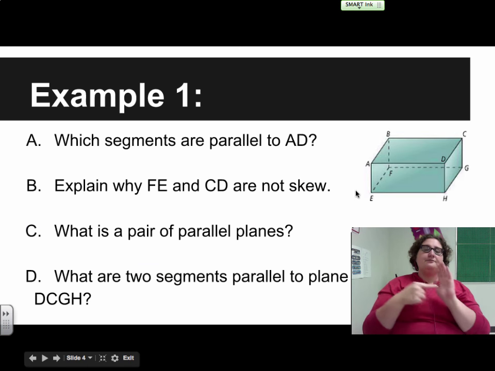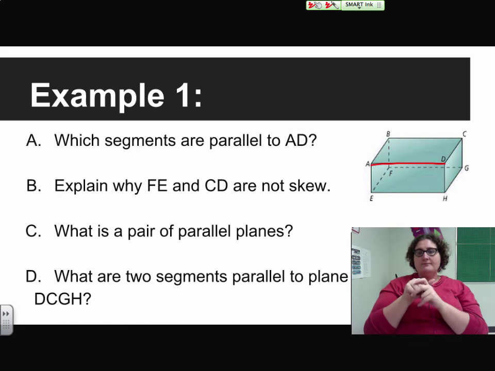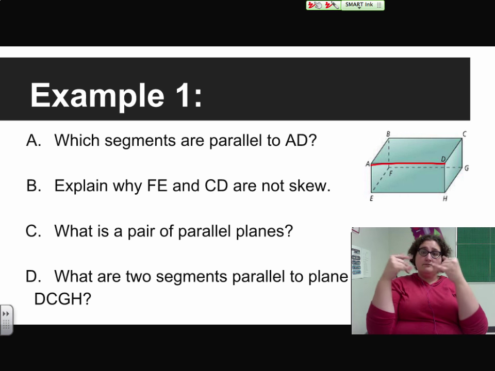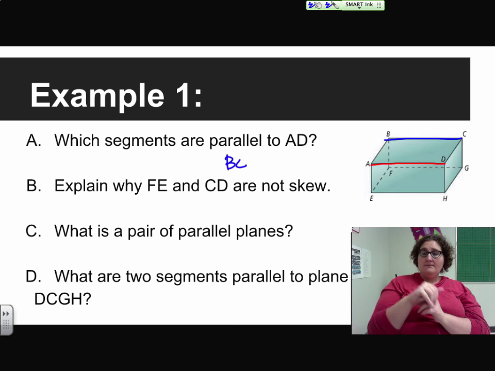Example 1 says, which segments are parallel to AD? If we're looking at parallel to AD, first we need to find AD. AD is this segment right here. So if we're looking for segments that are parallel to it, we could have, let's use a different color, BC. We could have EH.